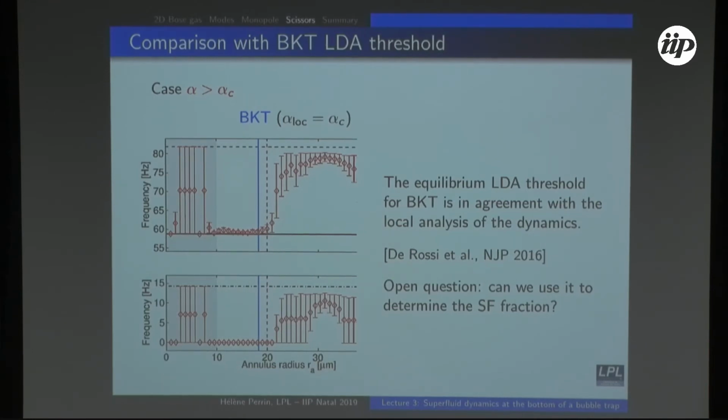So somewhere I expect my critical alpha to be reached. So either I have a cloud which is very hot, and then even in the center I am not yet at critical alpha, or I have a gas which is very cold, and then my critical alpha is towards almost the edges, or I am in between the two regimes and I have a critical alpha somewhere at a given radius, and this is what is plotted there.